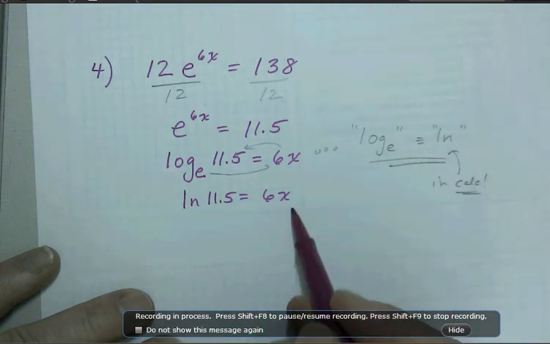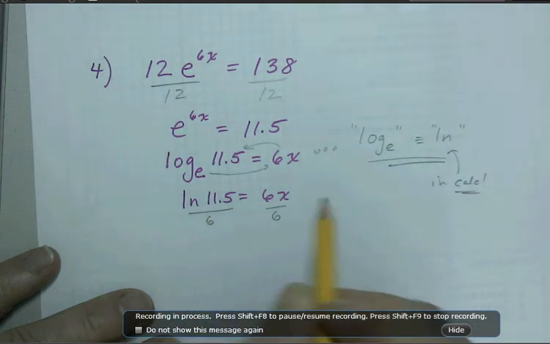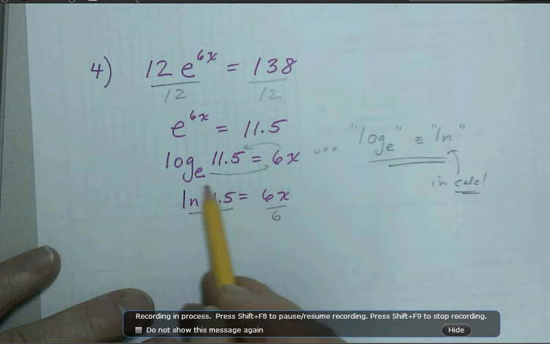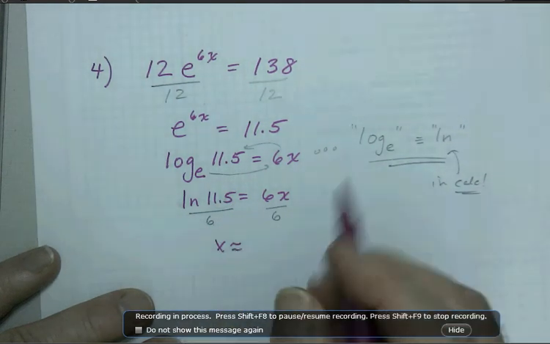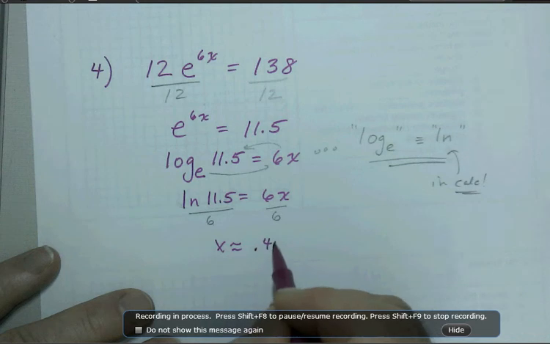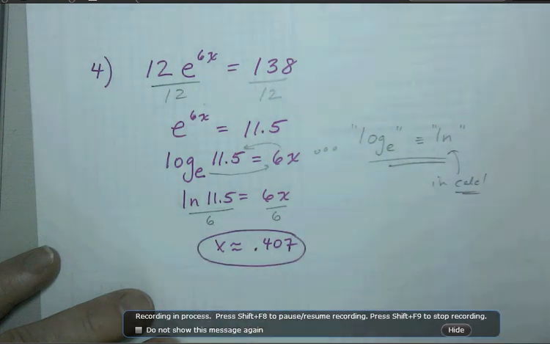And of course, I won't be done because I'll have to divide both sides by 6. So I'll need to take whatever this answer is and divide it by 6. And so I get 0.407 when I'm done. Okay.